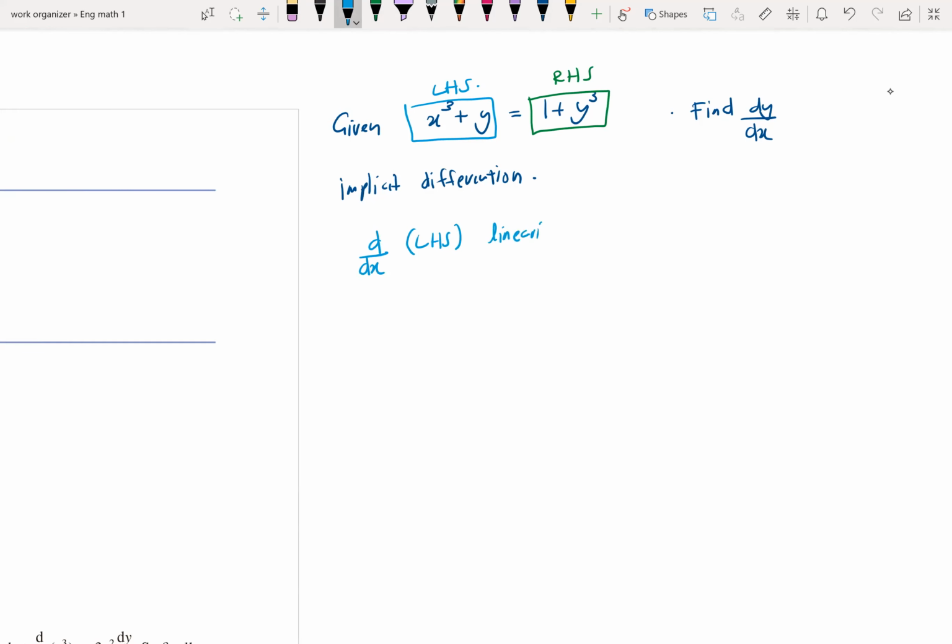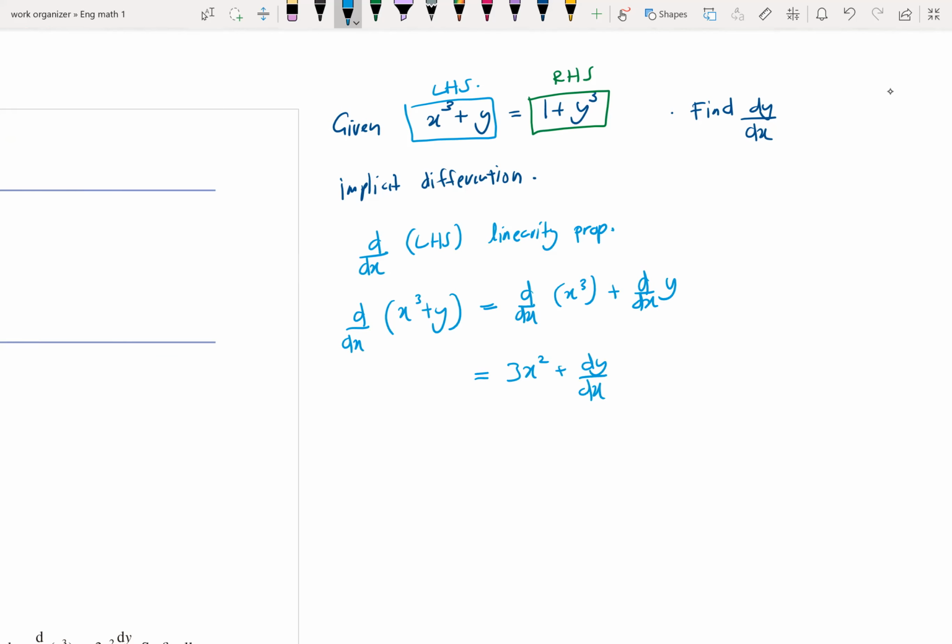We are going to use the linearity properties. So it will become d over dx of x to the power of 3 plus y. We can differentiate each element separately: d dx of x to the power of 3 plus d dx of y, so it will become 3x to the power of 2 plus dy dx.